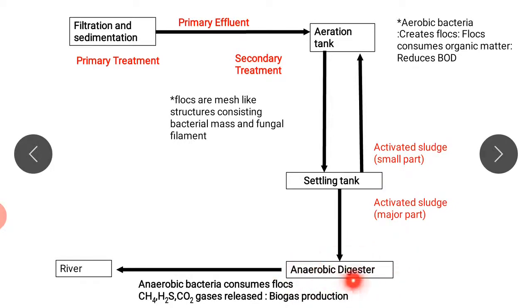In the anaerobic digester, the complete flock is consumed by these bacteria, and CH4, H2S, CO2 gases are released, that is methane, hydrogen sulfide, carbon dioxide, which are very important for biogas production. And then this less impure water is released or disposed to a river or any other water bodies.